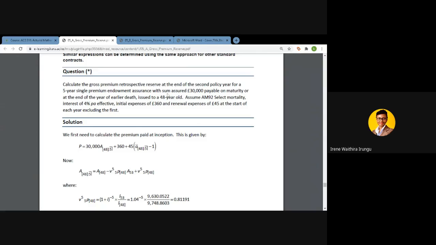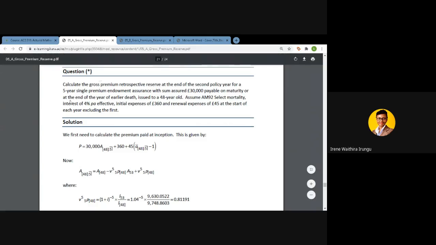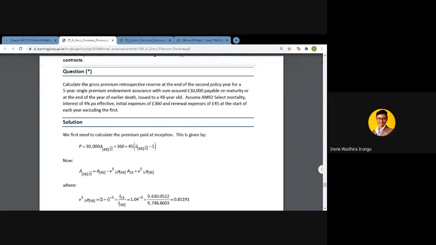So we are told sum assured of 30,000 payable on maturity or at the end of the year of death, and it is issued to a 48-year-old. So in that case, this is my sum assured S, the discounting factor here being A x angle n.